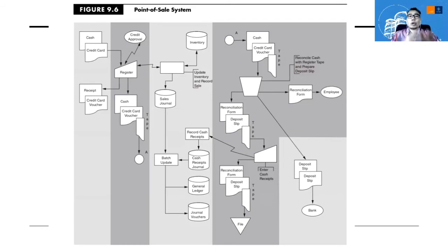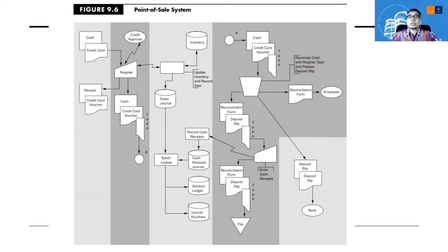That's why it's called the point of sale system. So customers can finish all of the transactions by giving their order, paying for the goods, and also receiving the goods and taking them home, right? So it's directly at the point of sale.